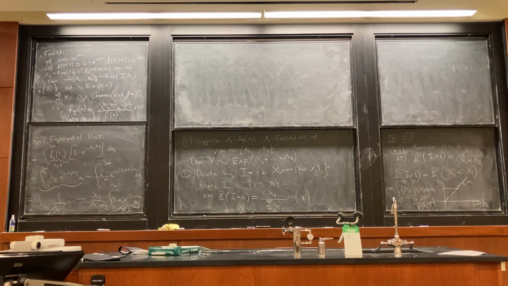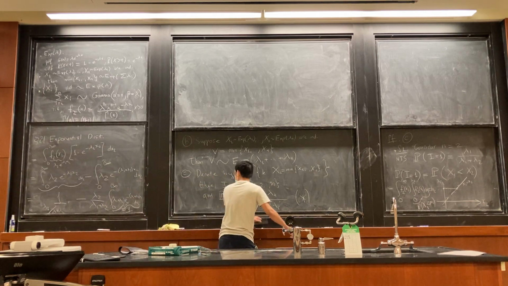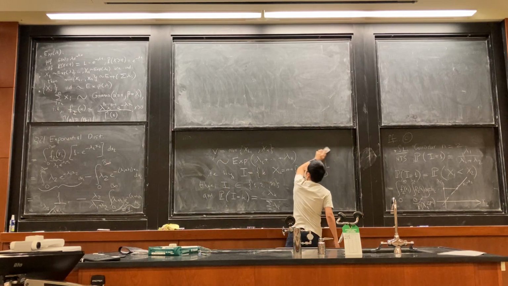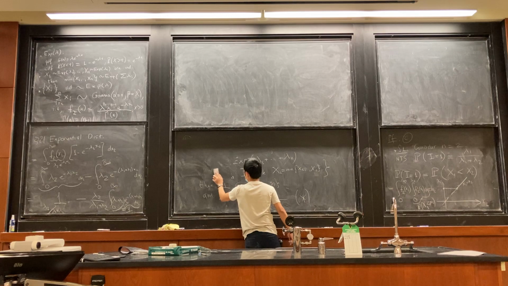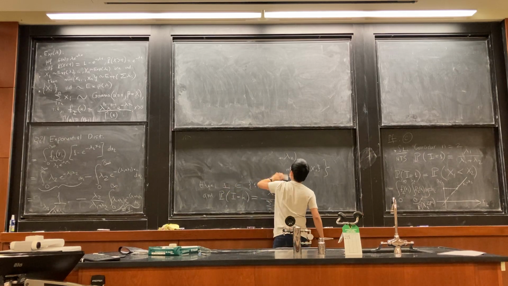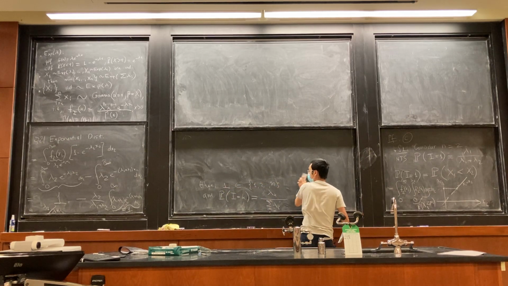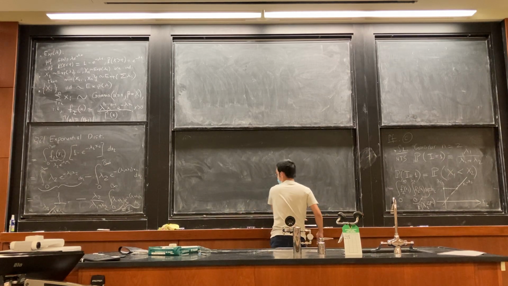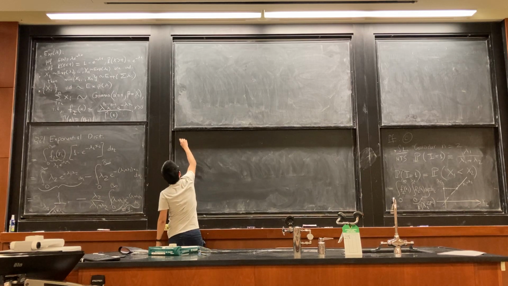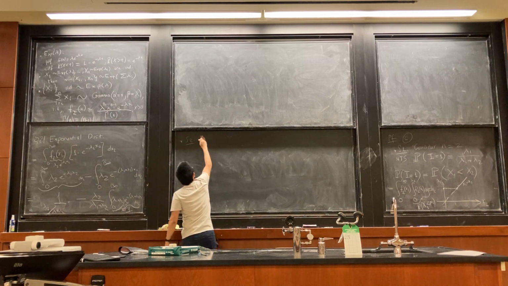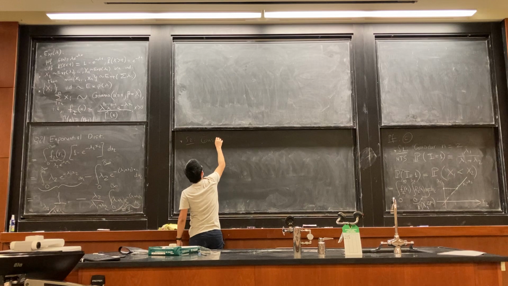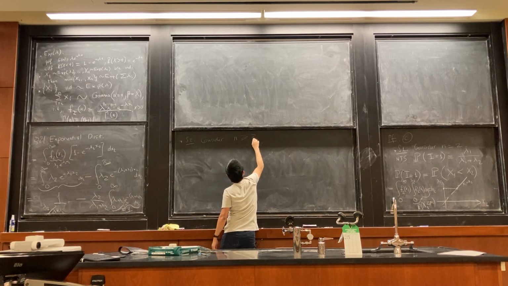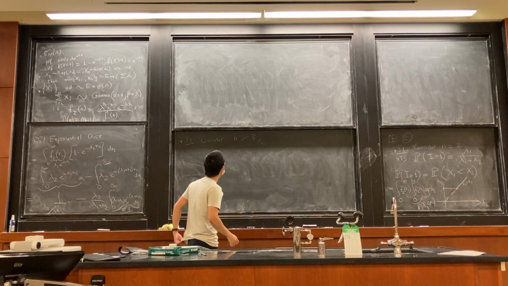So now let me move on to the generic case, step 2. Consider, say, x1 through xn.